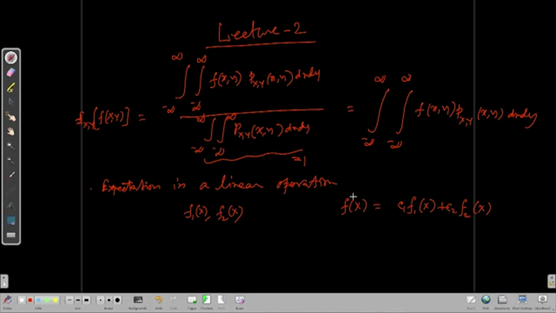I went back to the single variable case, and it can be easily generalized to this also. So therefore, Ex of f of capital X will be: there is this function f small x and the chance factor. And now if you replace this by C1 f1 plus C2 f2, with small x.